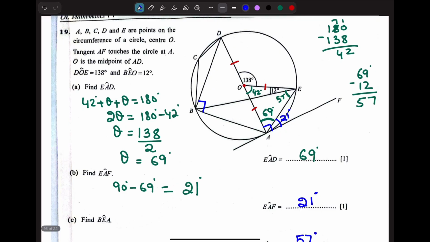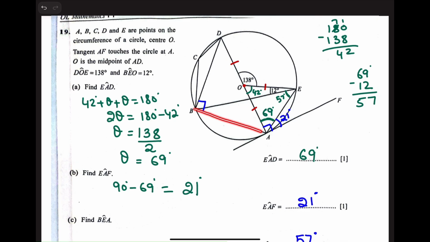So they want us to find BCD. Okay. So let's see. BCD. Okay, see B.